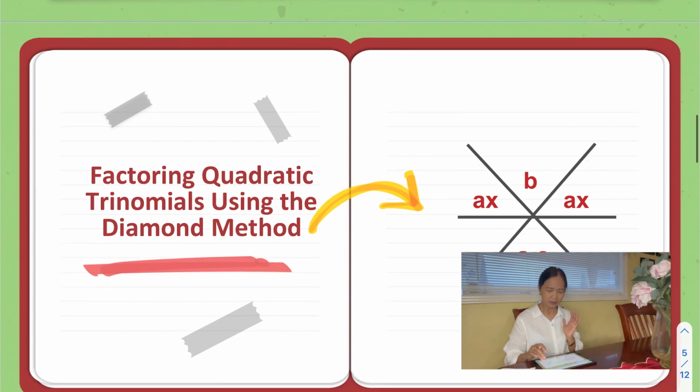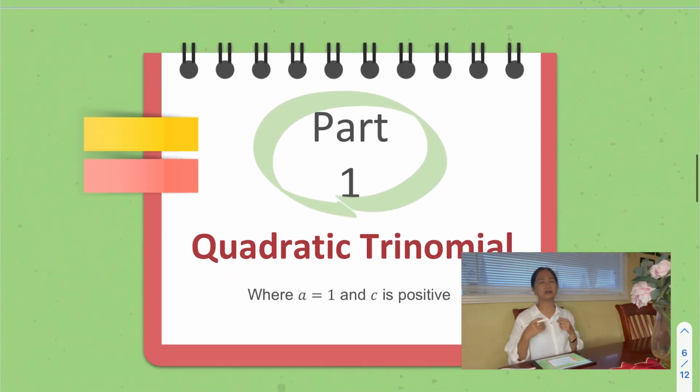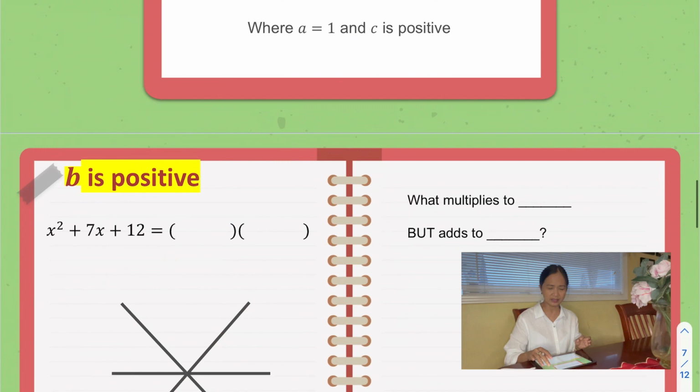So let's go ahead and try to factor quadratic trinomials, and be mindful that I divided this lesson into 2 parts. We're going to work on part 1 today, and that is factoring quadratic trinomials where a is equal to 1 and c is a positive integer. I again subdivided this lesson into 2, where b is positive and where b is negative.